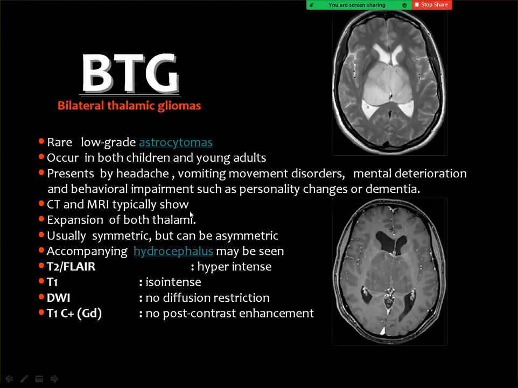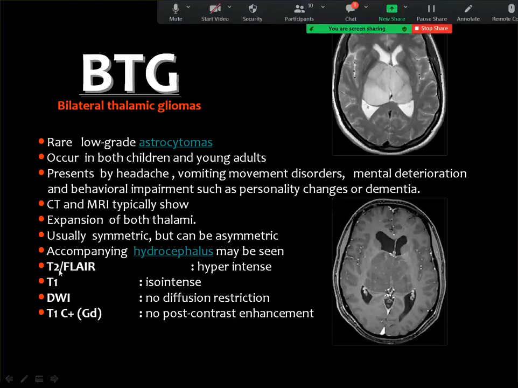The CT and MRI show expansion of both thalami. Usually this is symmetric but can be asymmetric, of course, and there is associated hydrocephalus due to compression of the third ventricle. In the T2 and the FLAIR, they appear hyperintense.